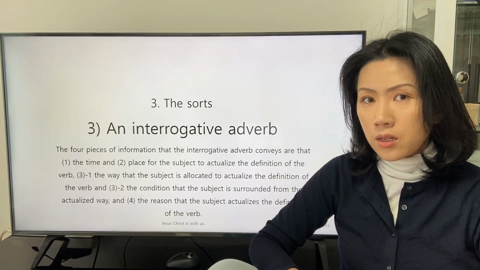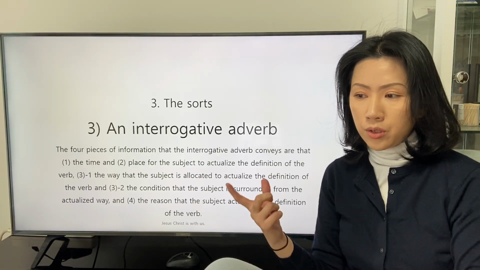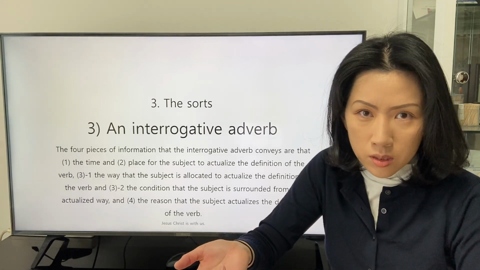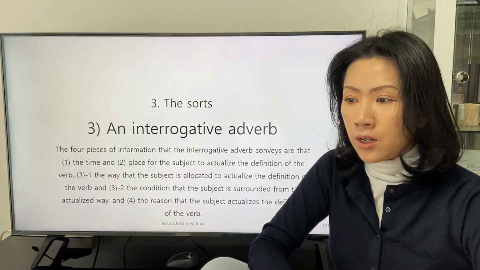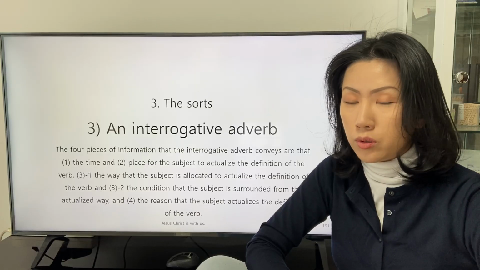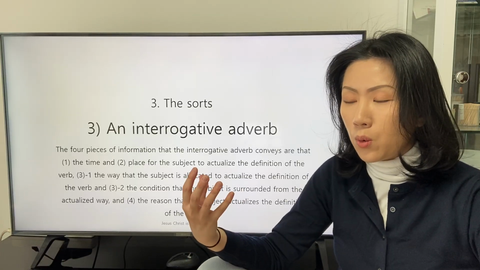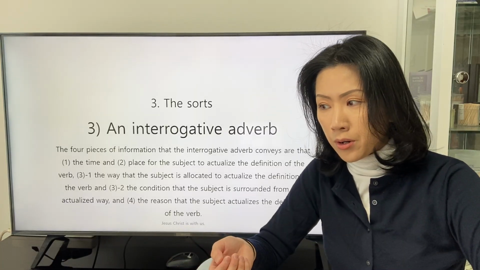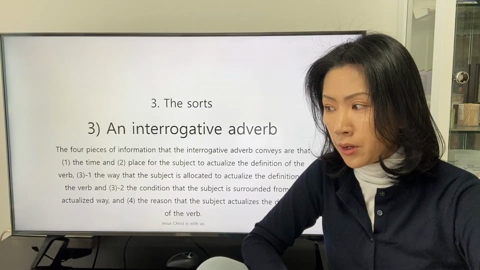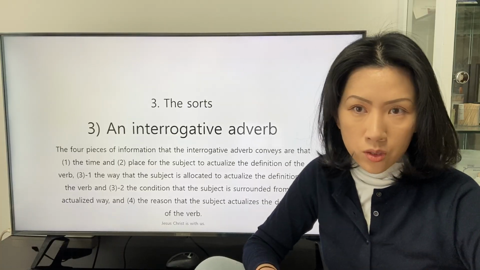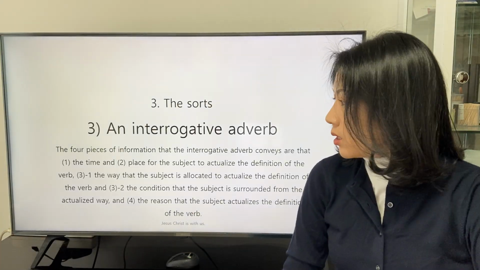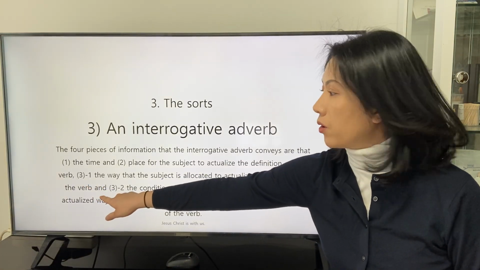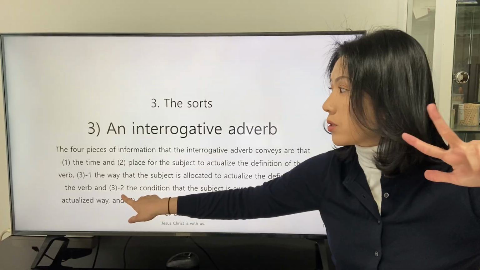Then the listeners can respond to this question in a way to explain their transportation, their car, their way to go to school. This is about the first one.